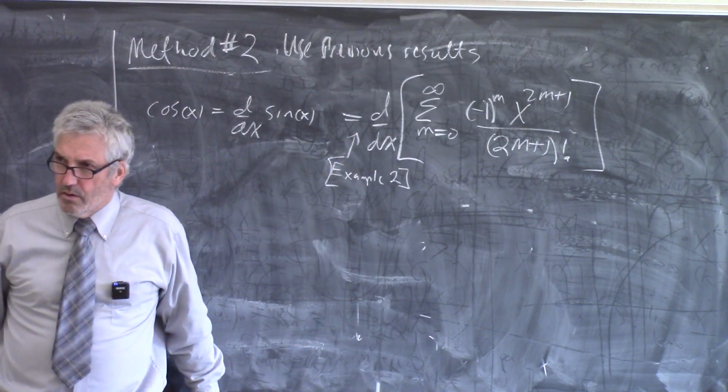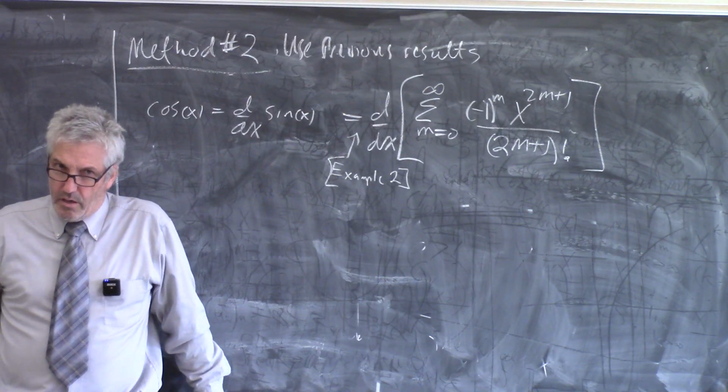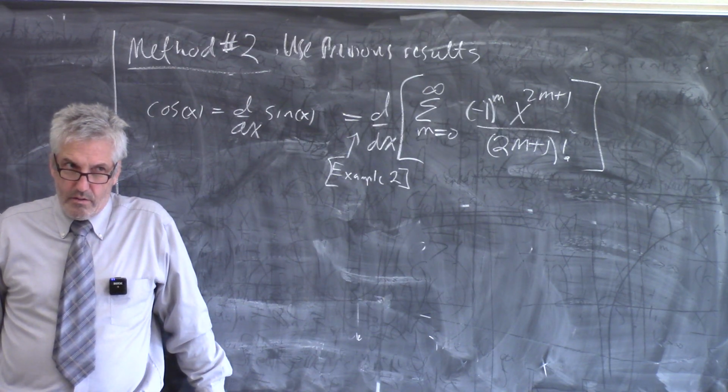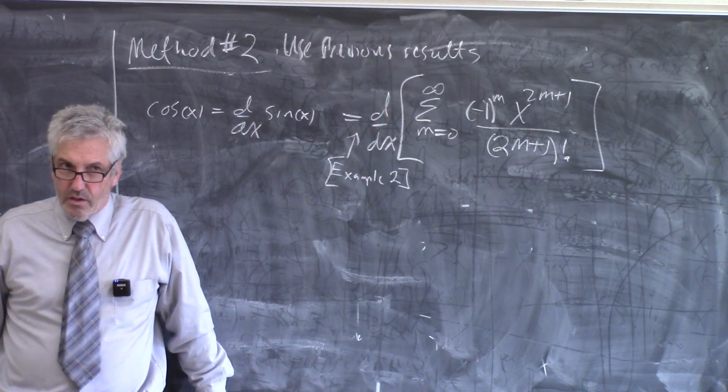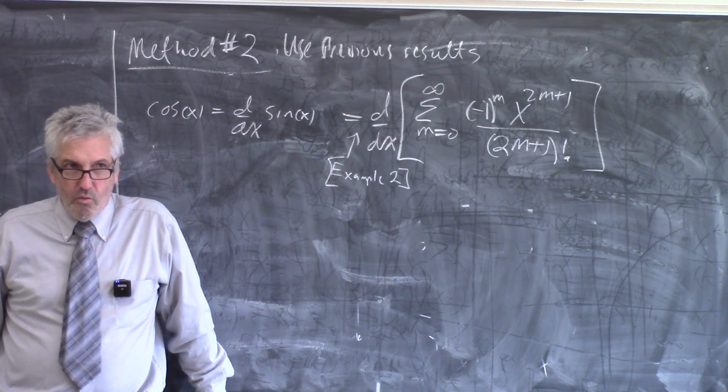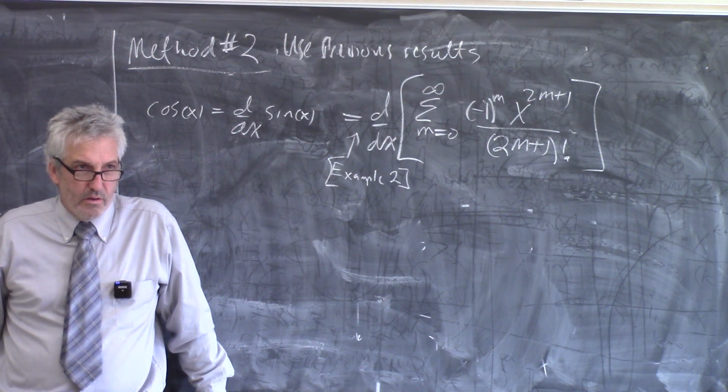Now, what can we do here? I've got an infinite series, and I've got a derivative parked out in front of it. Marcy? We remove the first index from the sequence? No, something more fundamental than that.